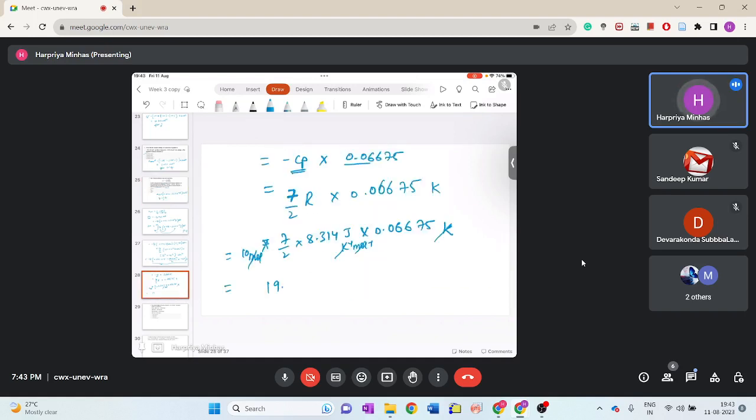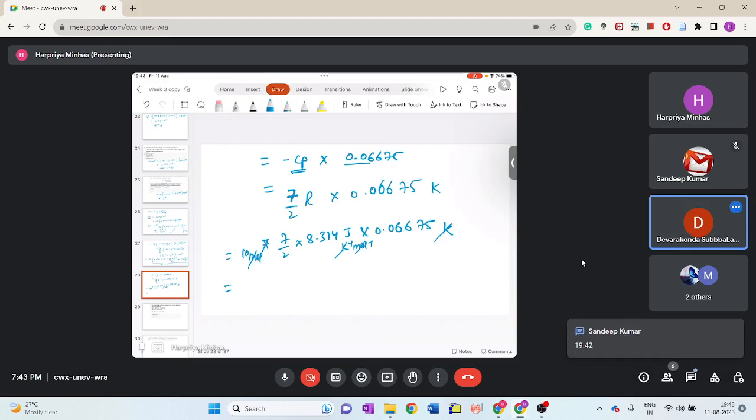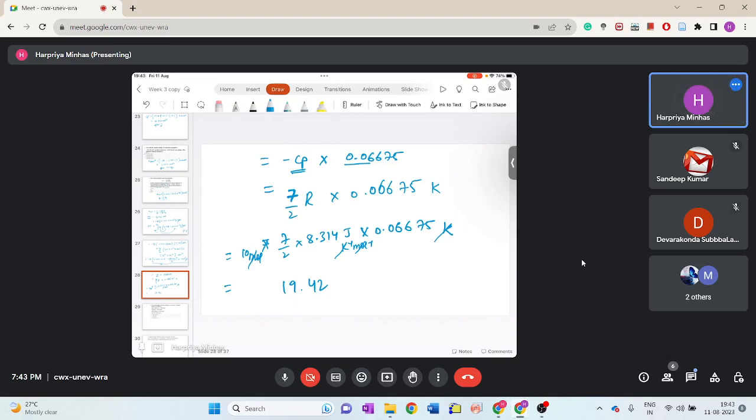So how much answer after solving this? 19.423, madam, actually. Yeah, 19.42. Okay. So everyone getting same answer, 19.42?